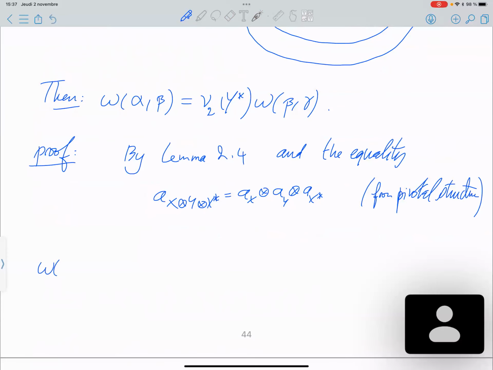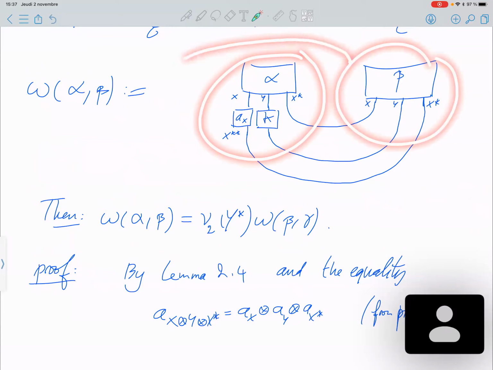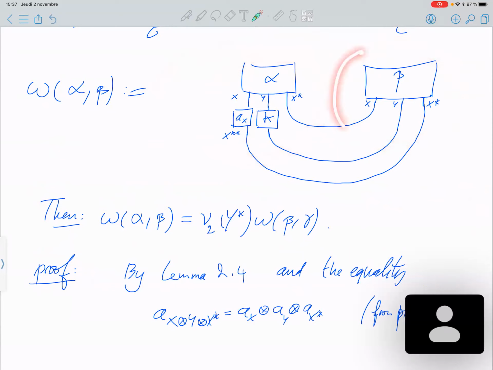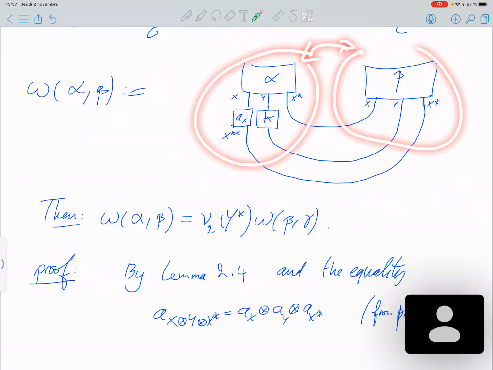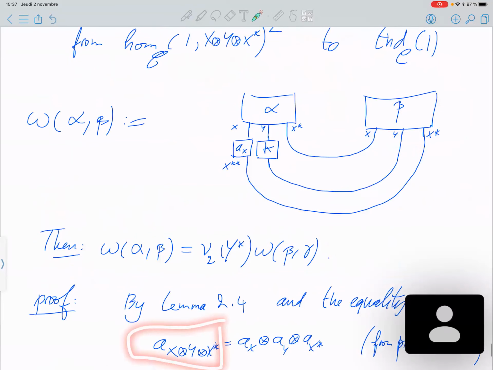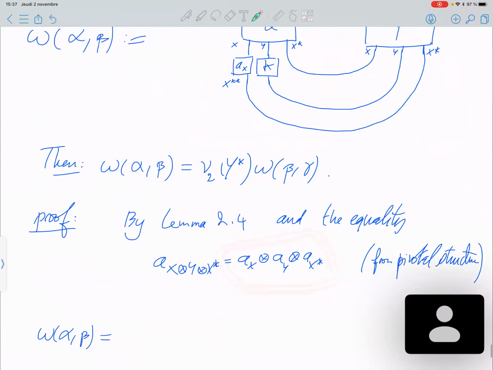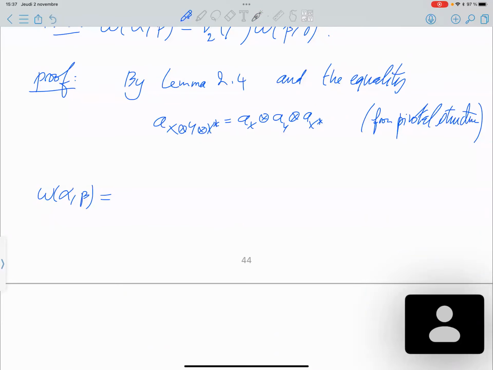So omega of alpha beta is, as I said, you can move by Lemma 2.4. You consider this as a big morphism, this as a morphism, and by this lemma, you can switch these two, and you need to add this pivotal structure. But this pivotal structure is equal to that. So we can directly write the following: beta, alpha.